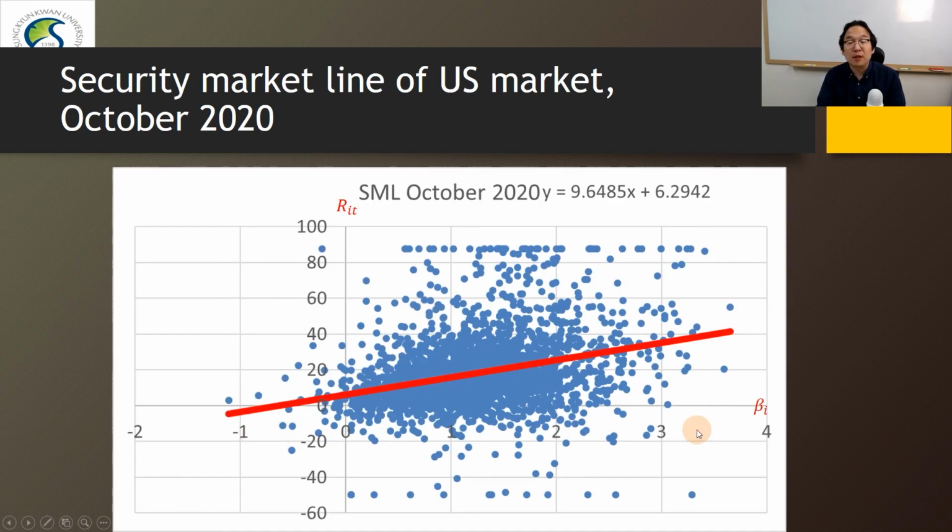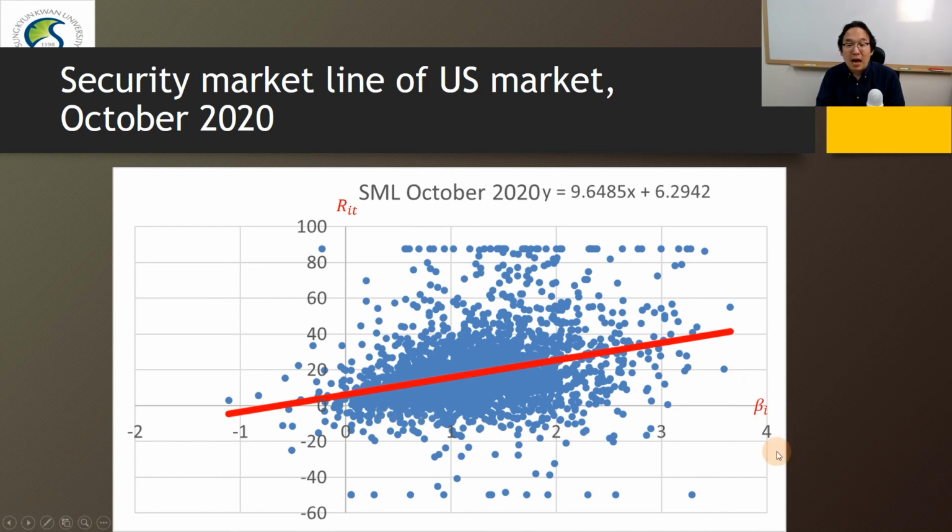Now, security market line. If you use data for US market, I tried it this year in this summer, using the data of October 2020. Remember, this is monthly return, right? Monthly return. And then here is a beta that I estimated for all 3,500 plus different stocks in the US market.